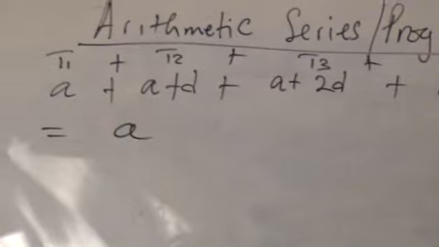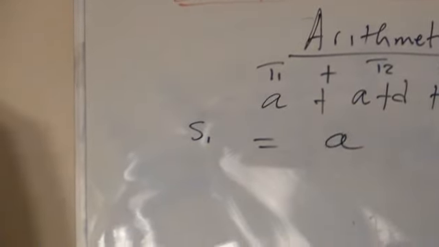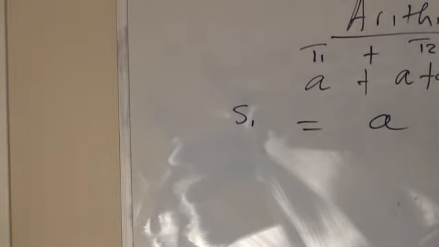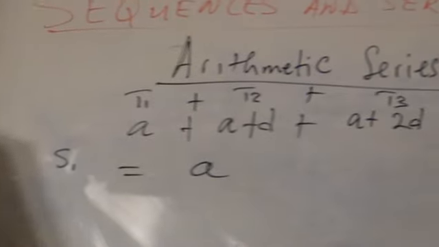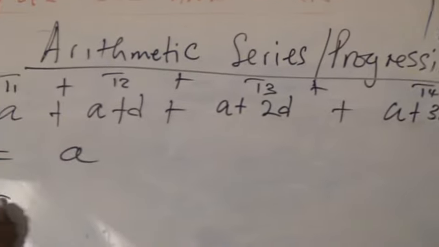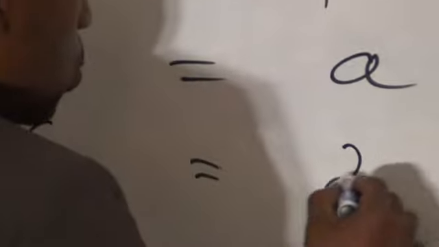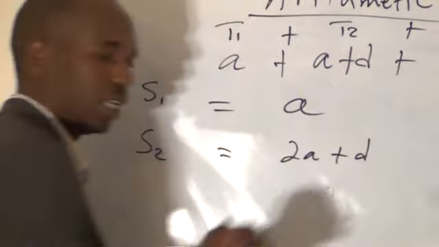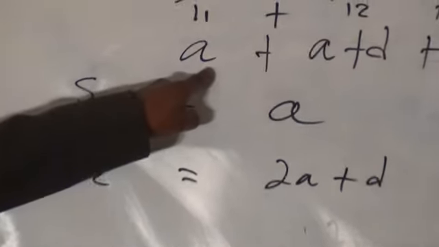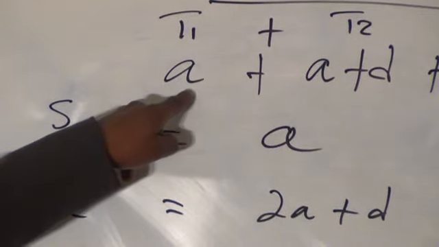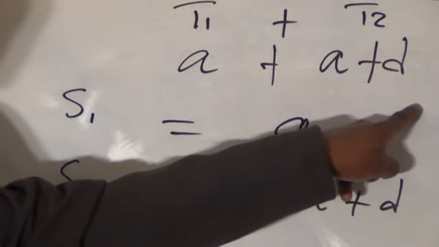So S1 obviously is going to be equal to A. Do you agree, Anya? Yes. That's this first term. What will be S2? T1 plus T2 will be A plus A plus D, which is 2A plus D.